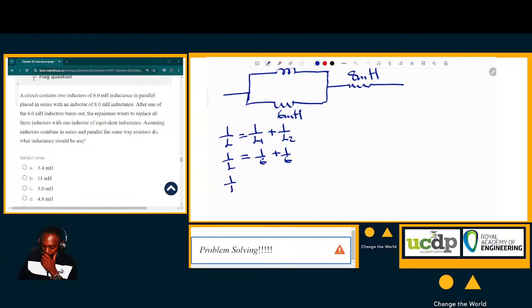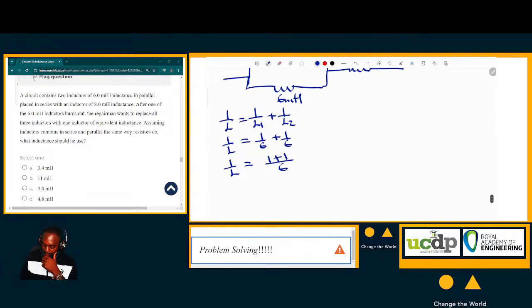With a common denominator, that will be 1 plus 1, so 2 over 6. 2 over 6 is equal to 1 over L, which is 1 over 3. So L will be equal to 3 millihenry. Do you agree?